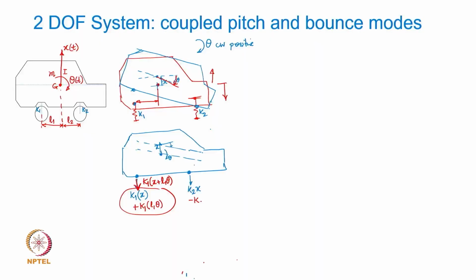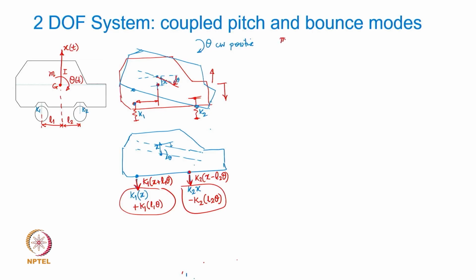So, it is going to be minus K2 into L2 into theta, and therefore the net force acting at the front suspension point is K2 into x minus L2 theta. Okay. So, these are all the restoring forces acting on the free body of the car.